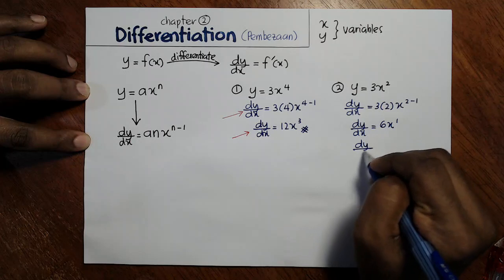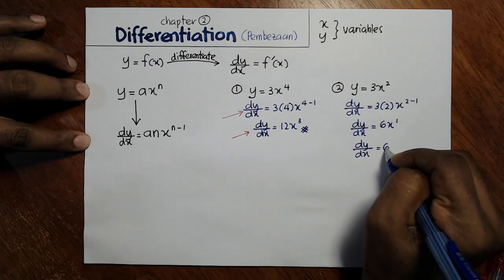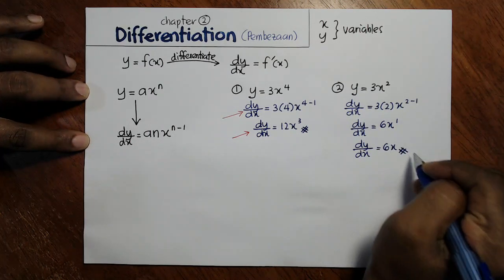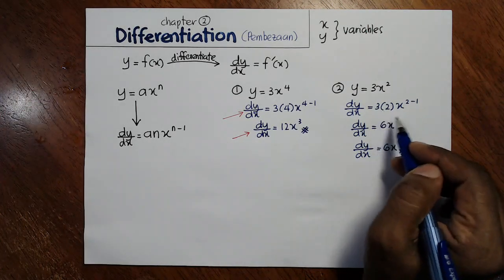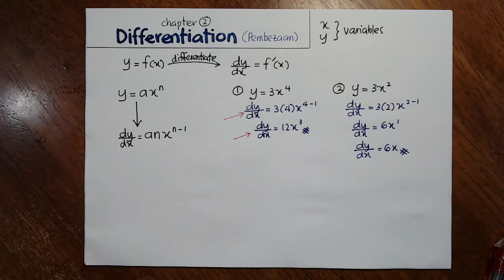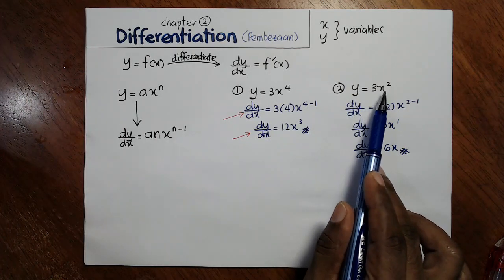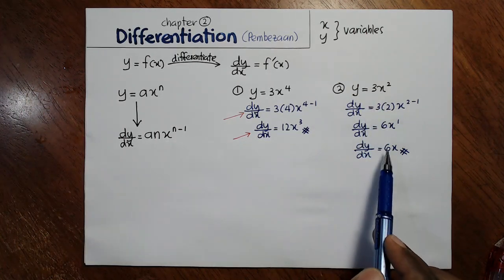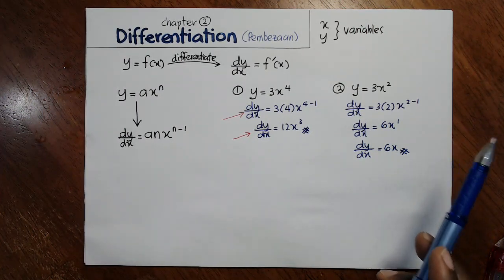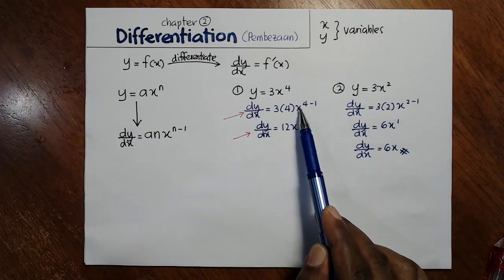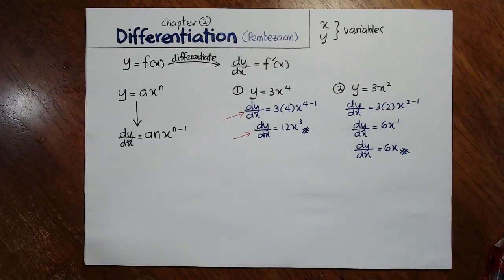So dy dx will be 6x. And you don't have to show this working once you get a little better at this. From y equals 3x to the power of 2, you can straight away answer dy dx equals 6x. But if you want to do working slowly and carefully, you can go through all these, no problems.